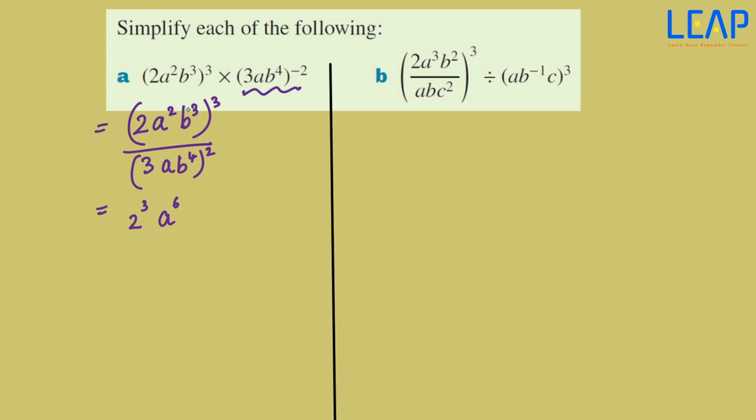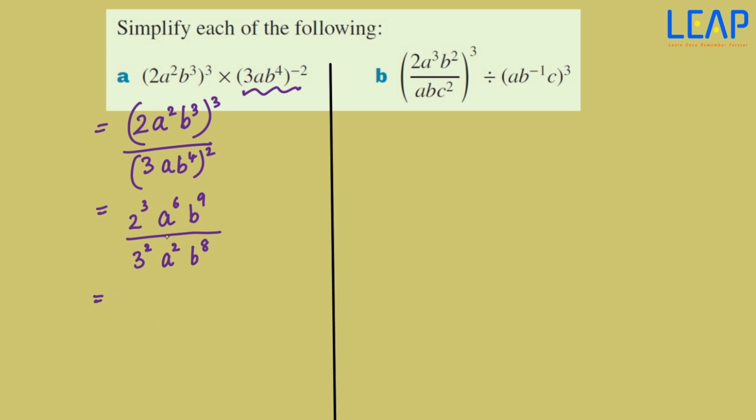Do the same thing for the next one. It will be b to the power of 3 times 3, which is 9, over, doing the same thing for the denominator, 3 to the power of 2, so 3 squared, and then a squared, and then b to the power of 4 times 2, which is 8.